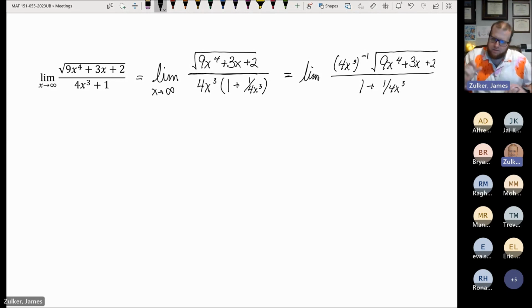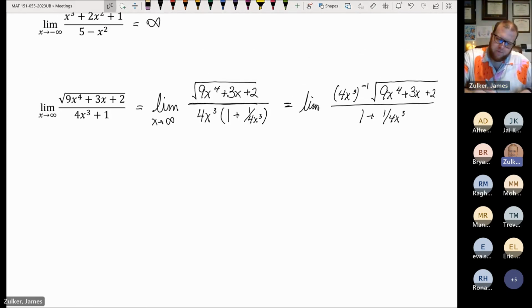Move it up. A few ways you could look at that 4x cubed to the minus 1. It could be 1/4 x to the minus 3 or 1 over 4x cubed.